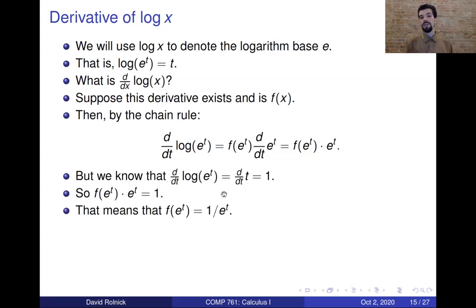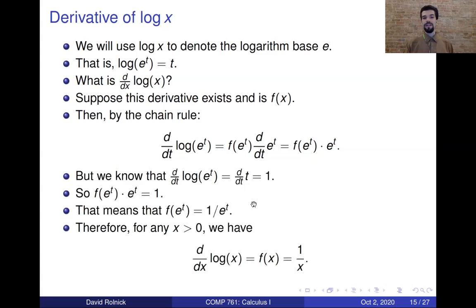So f of e to the t is 1 over e to the t. And then, as the suggestion is in the comments, substitute x for e to the t. That means for any x, notably for any x greater than 0, but we can only do logs for x greater than 0 anyway, we have the derivative of log x is equal to f of x is equal to 1 over x.